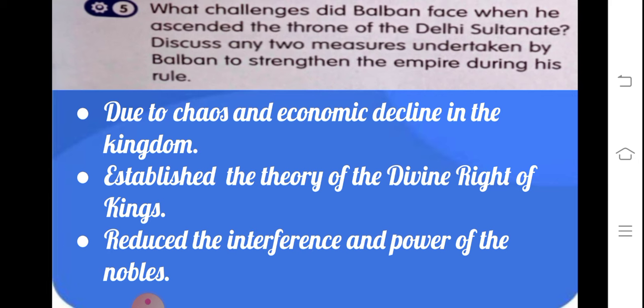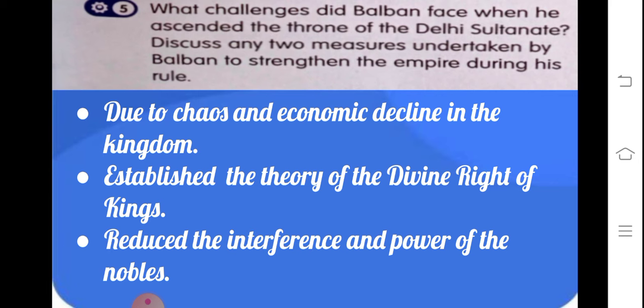So, when Balban assumed power, he faced the challenge of maintaining a kingdom that was in a state of chaos and economic decline due to a long period of political uncertainty and weak rulers. And here, after that, there are two parts. Discuss any two measures. So, here also your answers may vary, the sample answer.